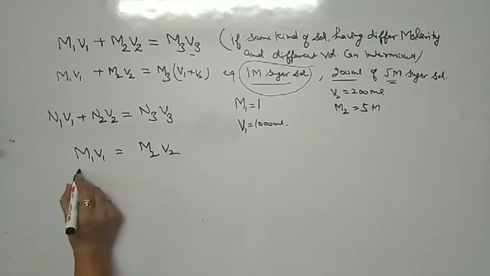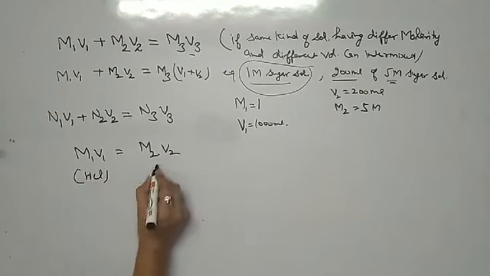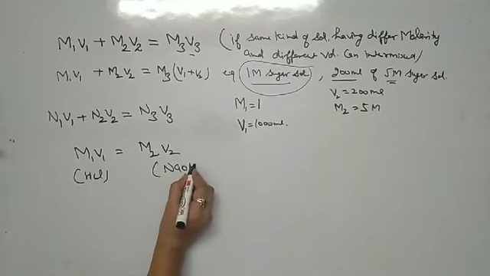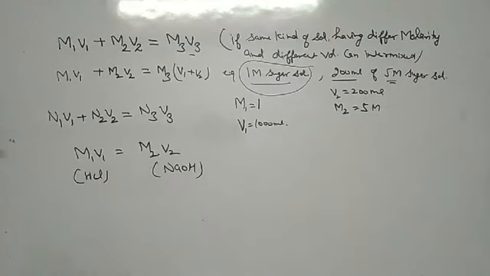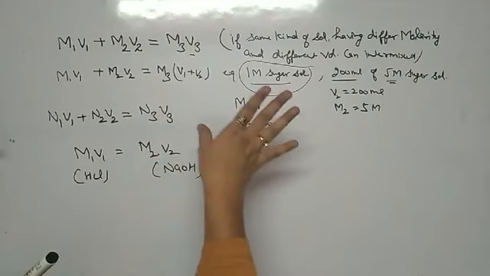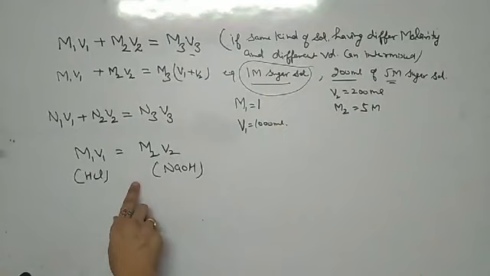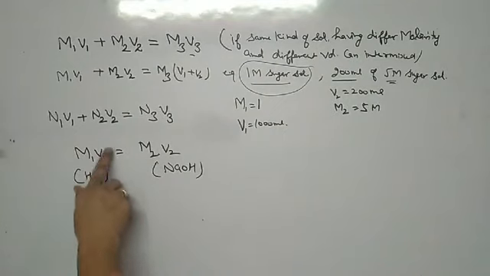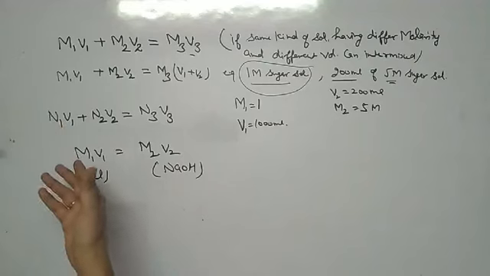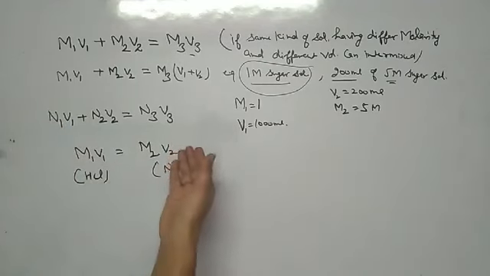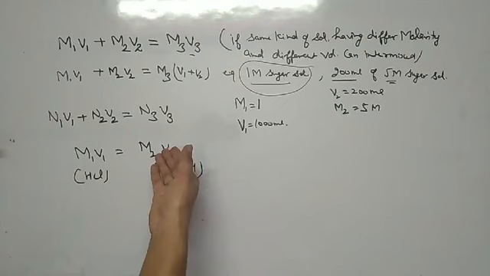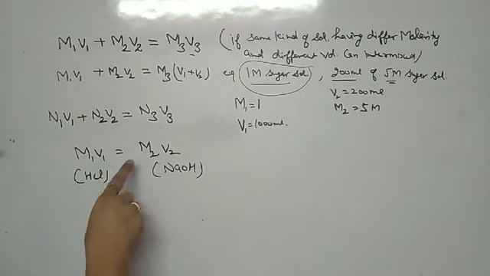So this may be used for one solution, HCl, and this for another solution, NaOH. And out of all these four, you will have 3 in the given numerical problems. At least 3 will be provided. This solution is different, it means the solution is provided to you. Even volume is also provided. 100 ml of this molarity of this solution can react with 600 ml of this solution. What will be the molarity of this solution?